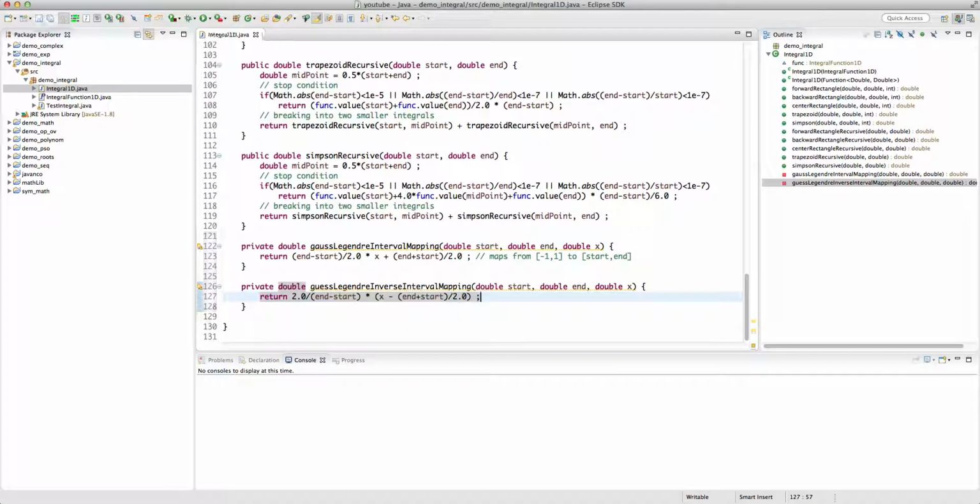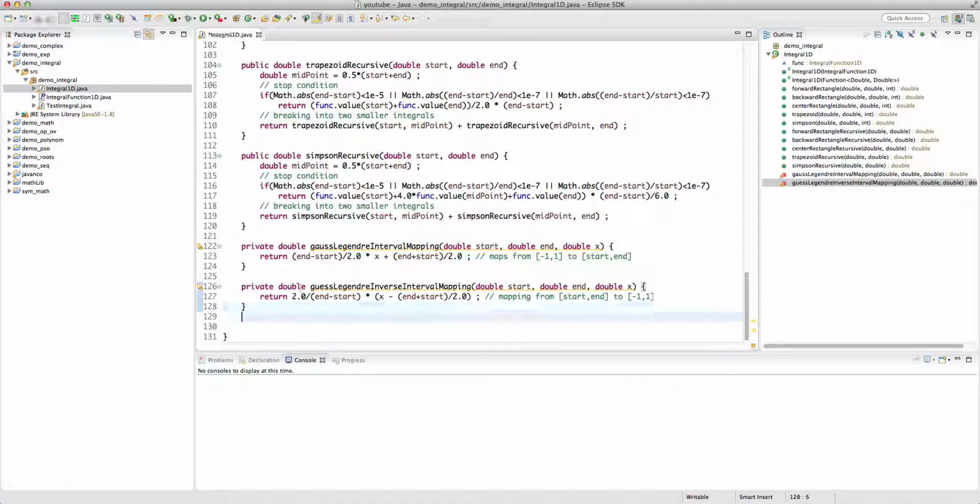All right, so if I set x to end, I have end minus start over 2 times this, it returns 1. If I set x to the start point, I get minus end minus start over 2 times this, which is minus 1. So this does the mapping from start end to minus 1 and 1, all right?